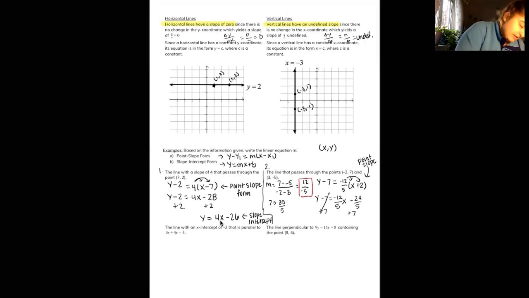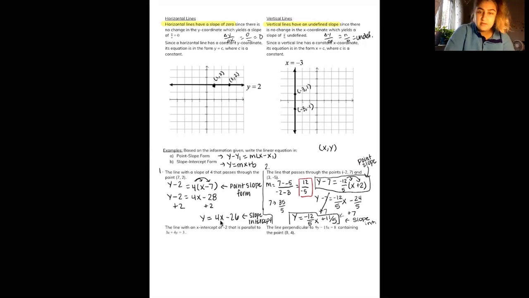So y equals negative 12 over 5x, and then I need to add 35 over 5 to 24 over 5, and that's a difference of 11. So I end up with plus 11 over 5. So this is it in slope intercept form. Again, this equation and this one down here are the same, they're just written differently.